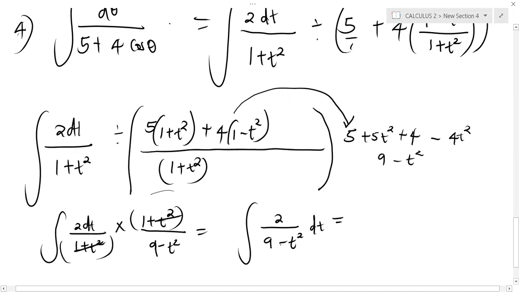And clearly we can see whatever we have down here on the denominator, we can write this so that, let's see.